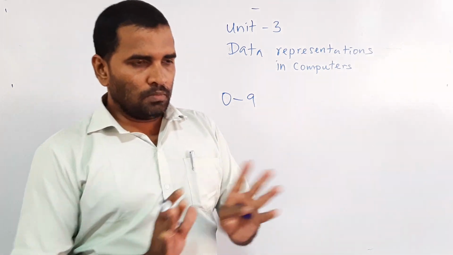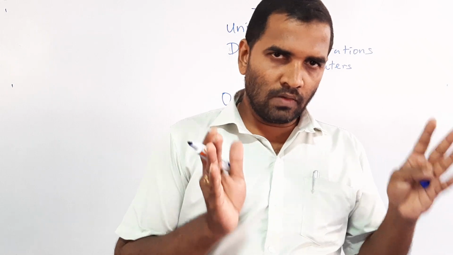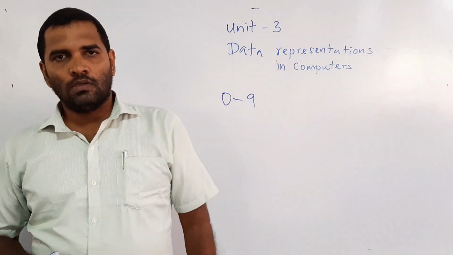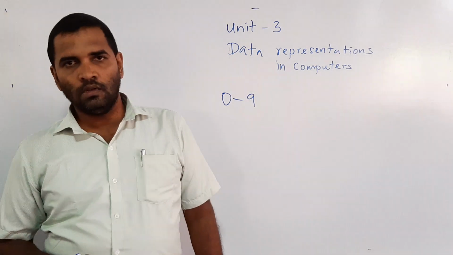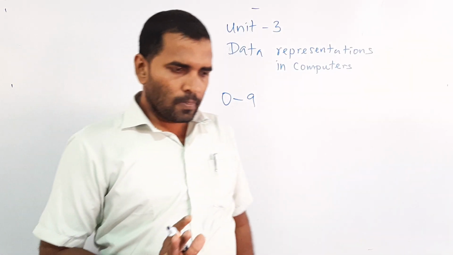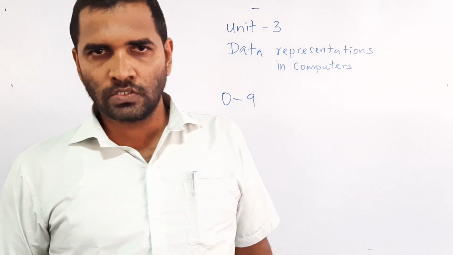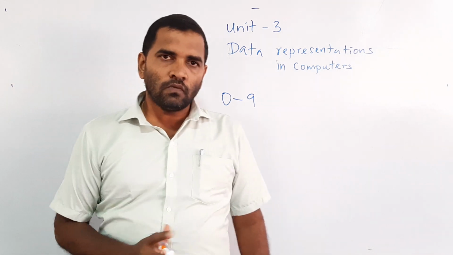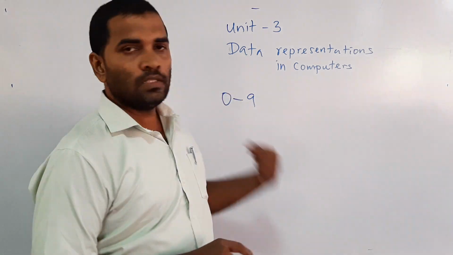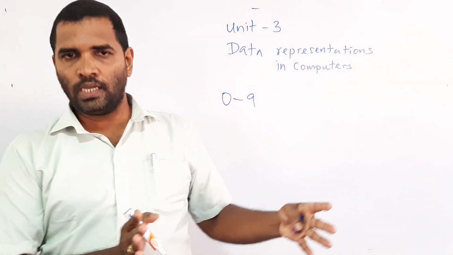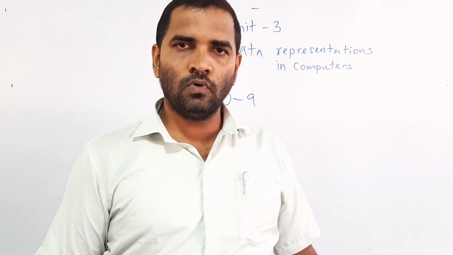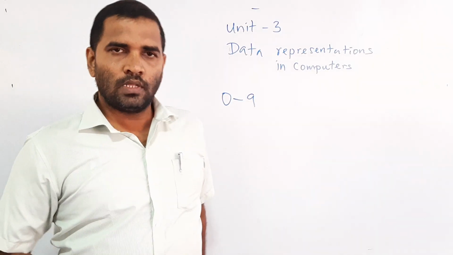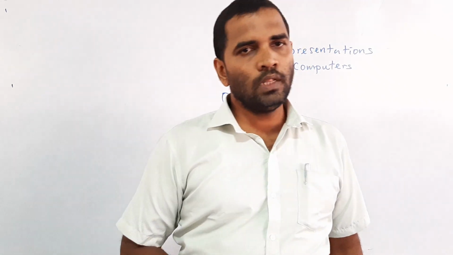So the numbers which we deal with in our day-to-day life use the digits 0 to 9. But there may be some other numbers, in fact we can call them number systems, which may use different ranges. Here we use 0 to 9 digits for making numbers. But at the same time, different numbers are used for different purposes.